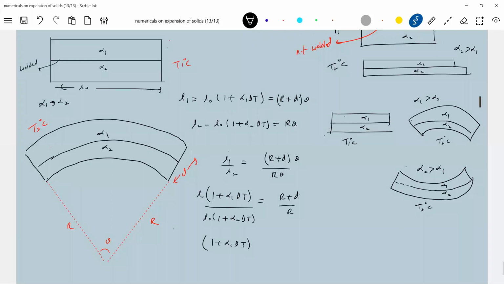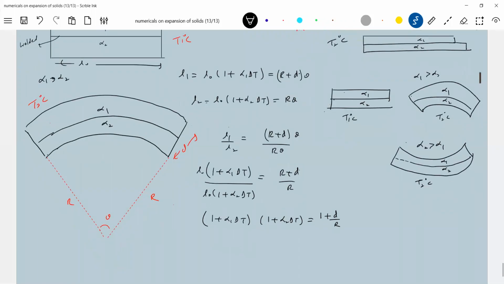Let me go for binomial expansion. So this will be 1 plus alpha 1 delta theta over 1 plus alpha 2 delta theta.